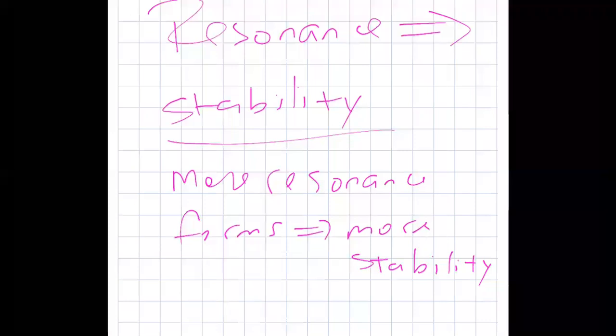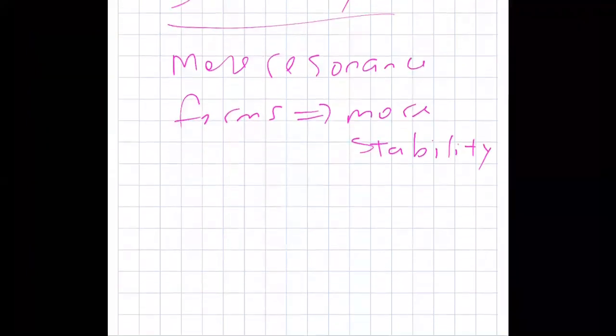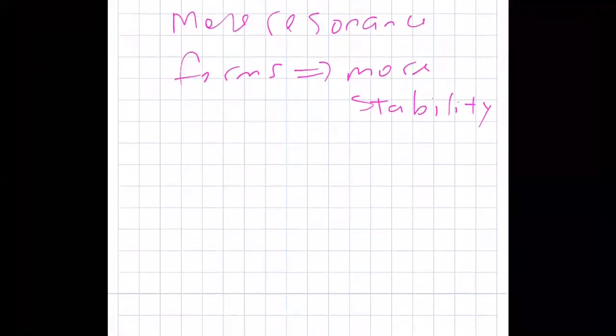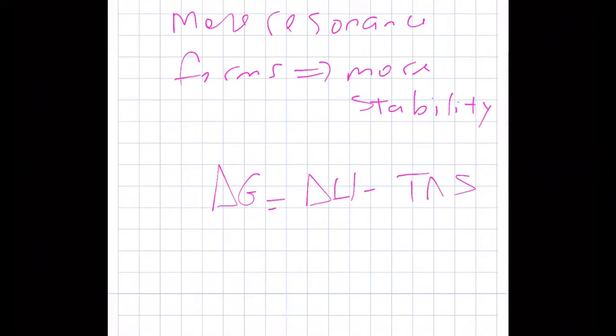But in terms of entropy, when you think about the overall energy of a system, you remember this from chem: delta G equals delta H minus T delta S. This is what you're really concerned about when you're talking about stability.